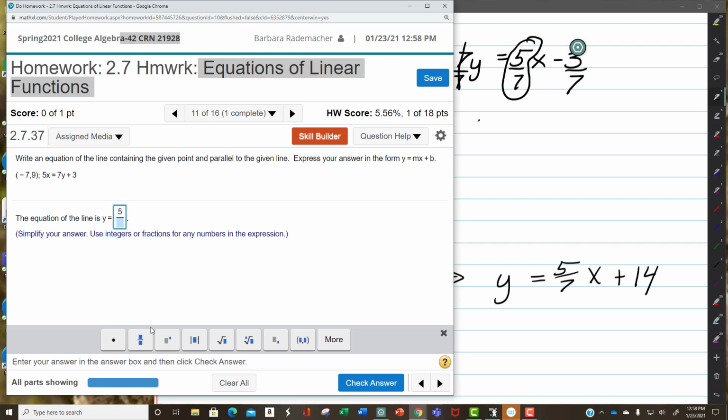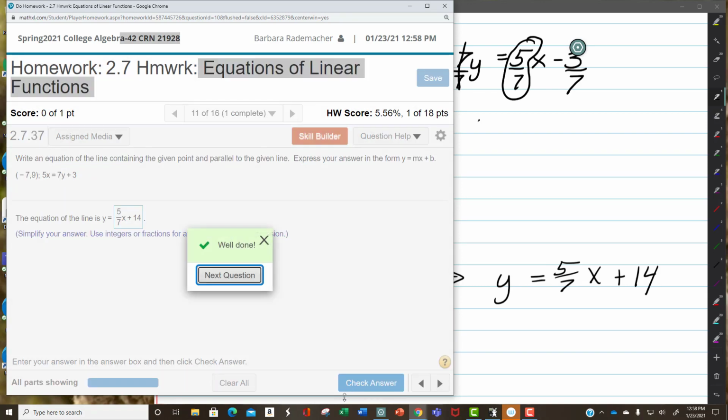Five sevenths x plus 14. Let's see if that's right. Woohoo!